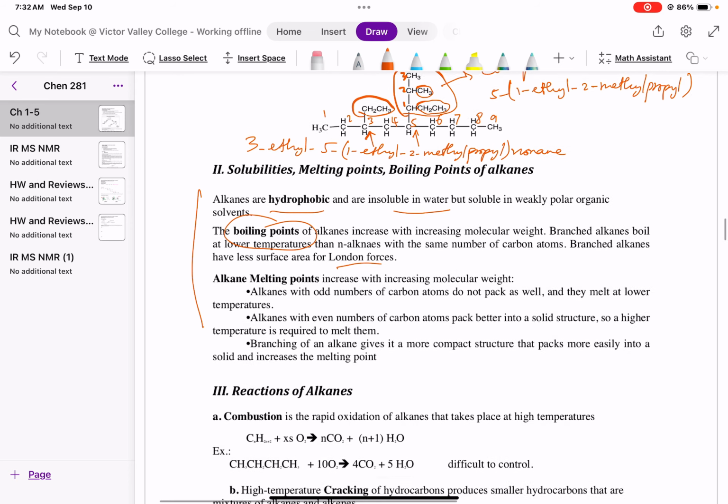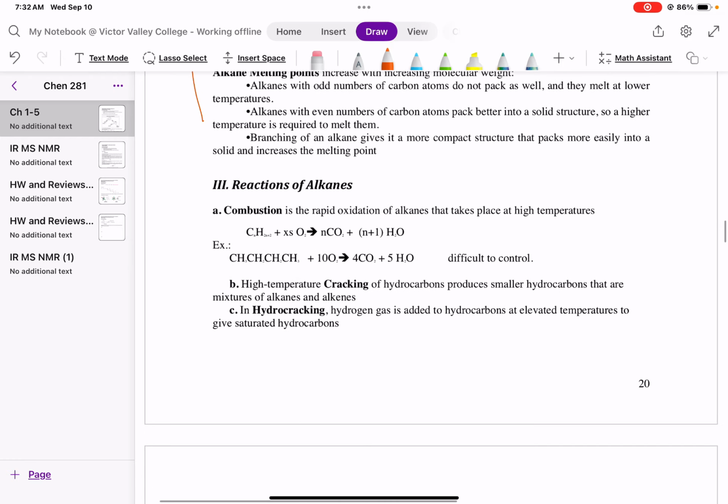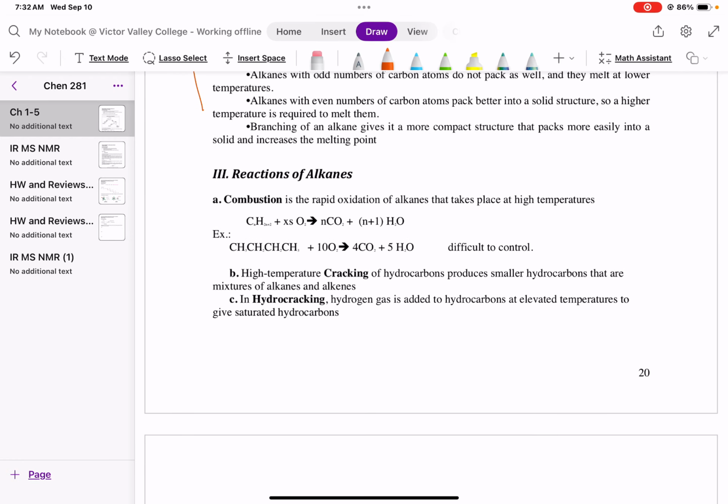There's not much there to worry about. Reaction, there's not much reaction. There's only two that we focus on here. The first one is combustion. You react with oxygen, you fire it up, you always get CO2 and water. Very difficult to control, meaning once you start it, it will burn, it will react all the way to completion.